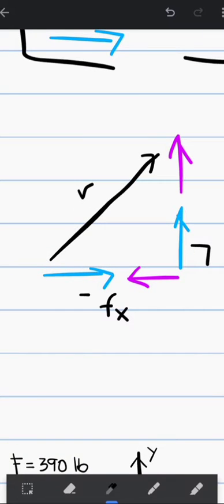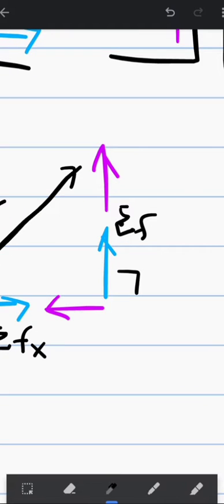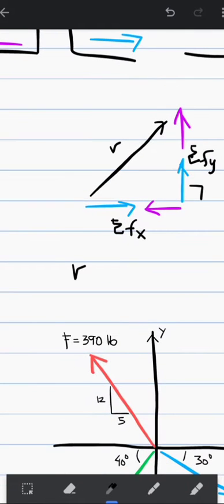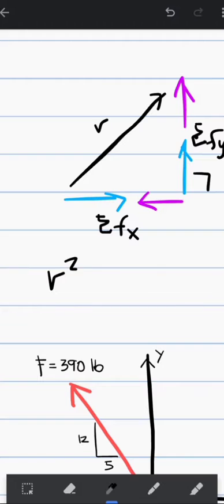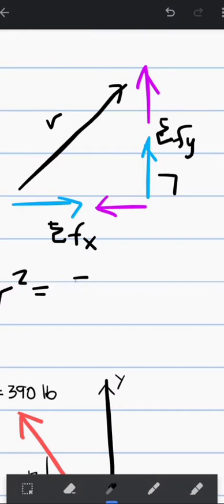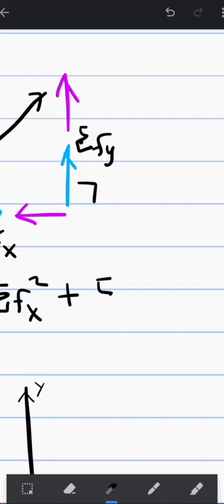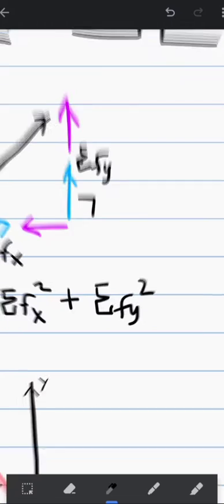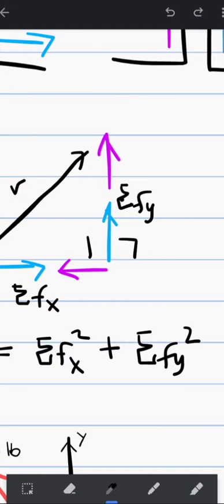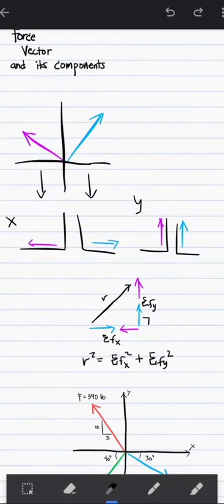So this is the sum of all the forces in the x and sum of all the forces in the y, and by the Pythagorean theorem, hypotenuse squared is equal to sum of the forces in the x squared plus sum of the forces in the y squared, since these are perpendicular to each other.